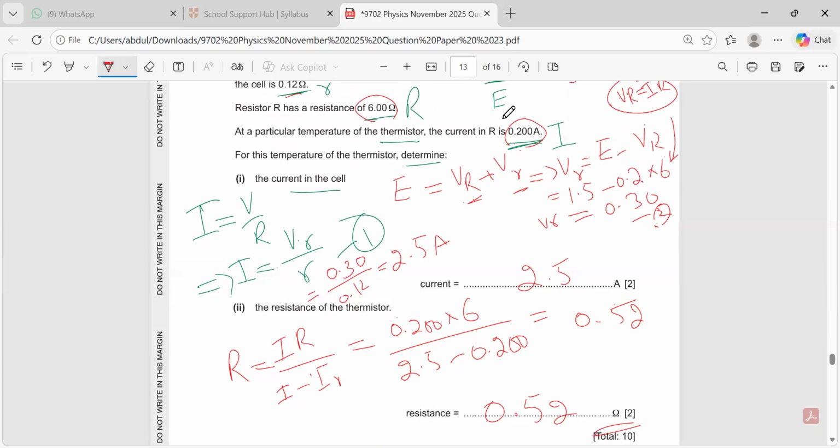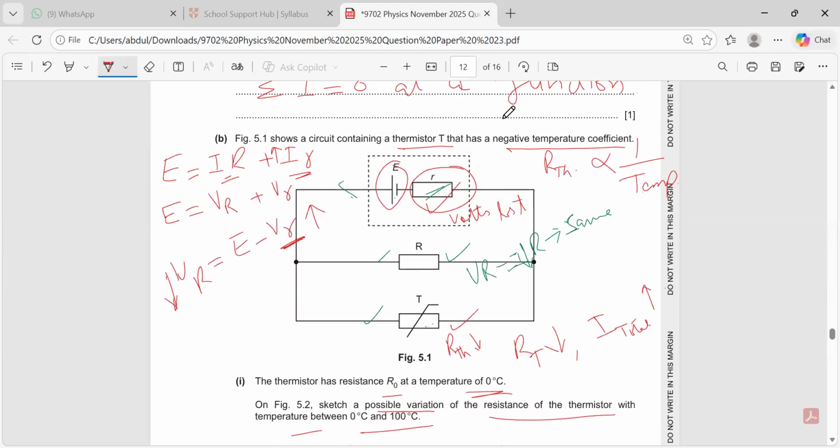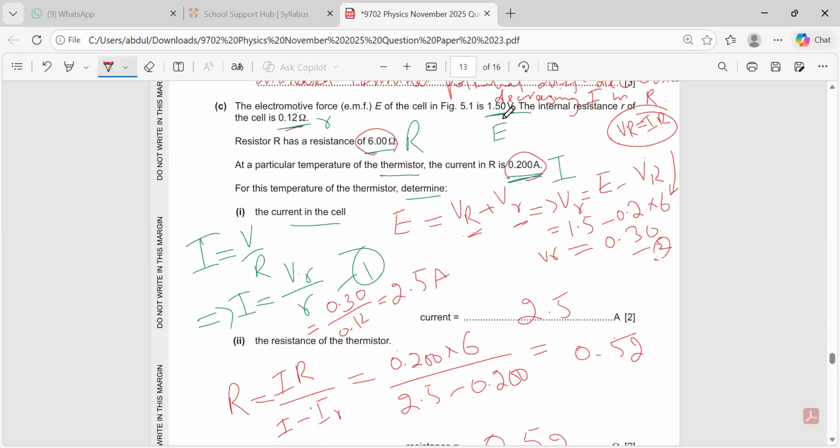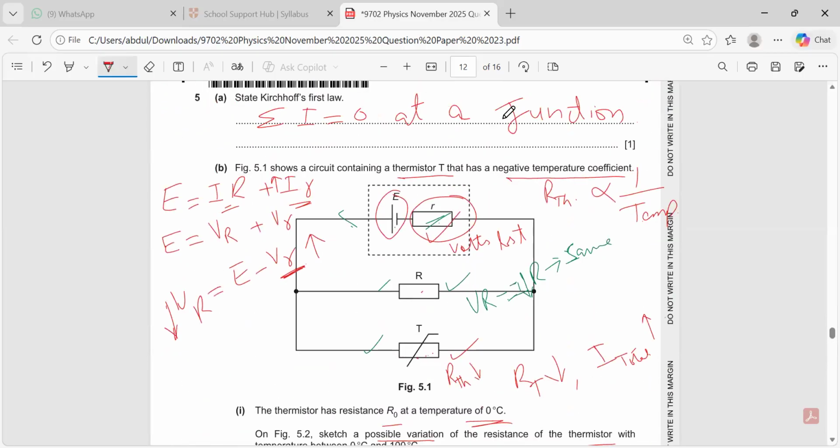And why am I using this, which is across R? Because the thermistor and R are in parallel. So whatever the potential difference here, the same will be the potential difference here. So that's why I put the value of the potential difference across R. So 0.200 times 6 I calculate, over the total current, which is 2.5. And we know the current through this resistor is 0.200. So see here, the total current we calculated in the battery is 2.5 ampere. And the current through this, how much is that?